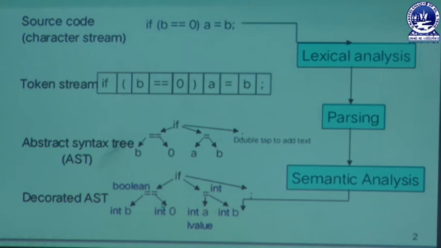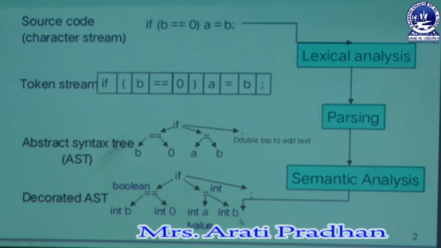In semantic analysis, we have if at the root, and each operator and each variable we have identified in the abstract syntax tree way. You may see here that the parse tree is extended in the semantic analysis, and it is clearly visible in the slide that at the leaves we have int b, then int 0, then int a, then int b.